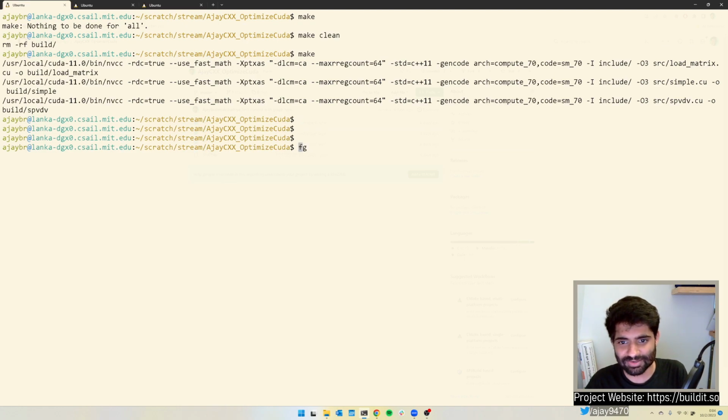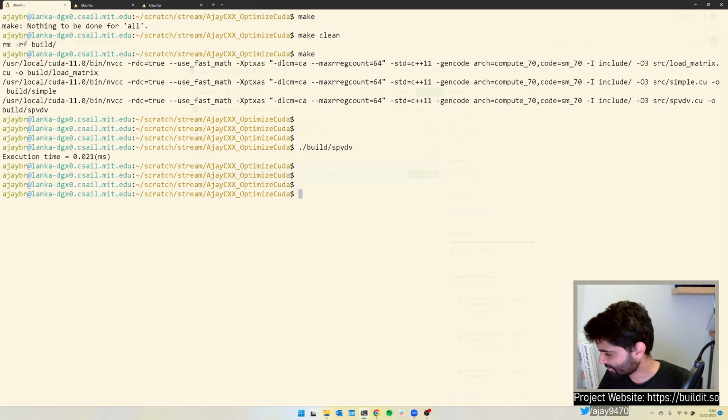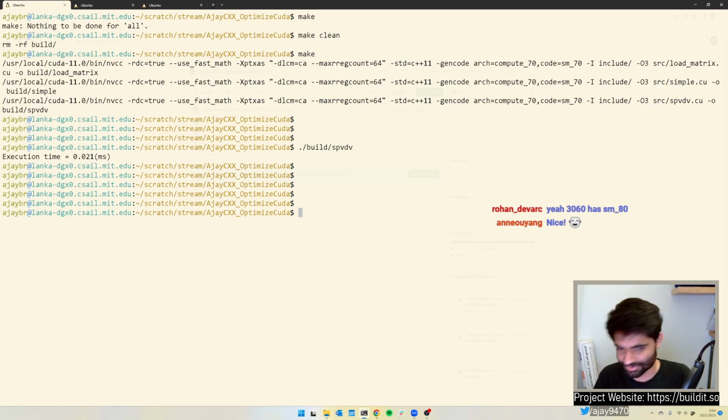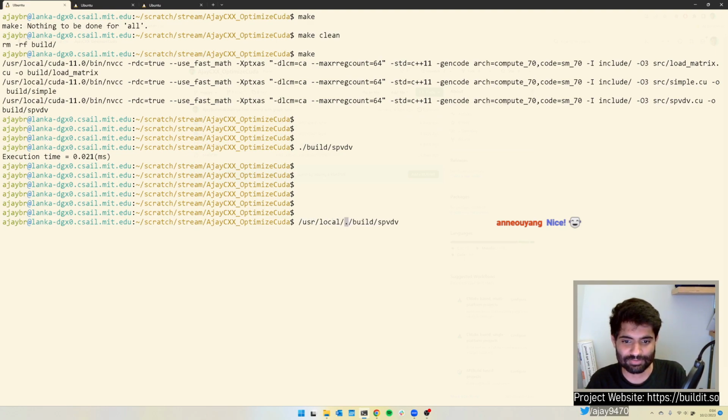Maybe you weren't running this at all. Oh, there we go. Sorry about that. Whoever had pointed out in the chat that V100 is SM70, you were right. Sorry, I made a mistake because I was running the same code locally on my laptop and I modified it then and I forgot to bring it back. Okay, so now this time it's running properly, which means it wasn't running properly before, by the way. So sorry about that.